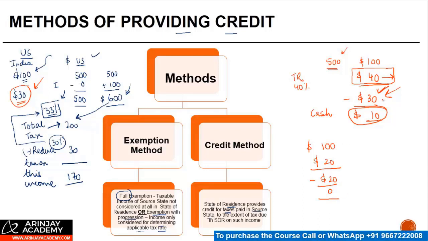You cannot use the remaining 10, the tax paid in India of 30 minus the credit available, to offset the tax liability against other income. Of course, there could be domestic rules under which this could be carried forward, but you are not entitled to set it off against other income unless the domestic laws specifically provide for such a treatment.